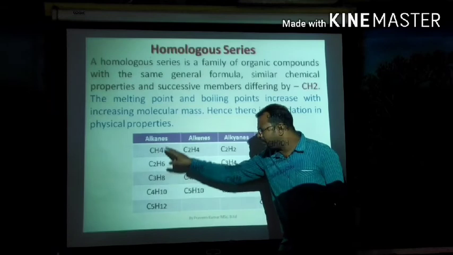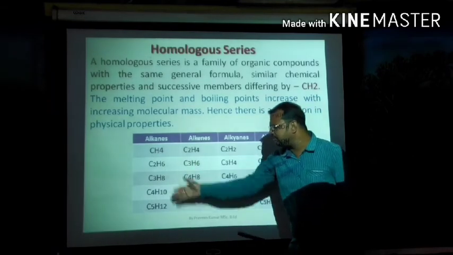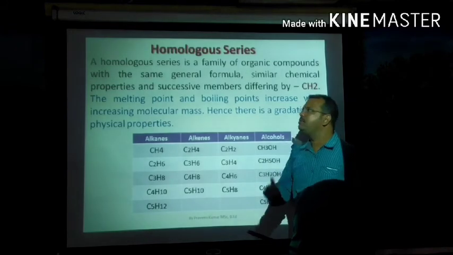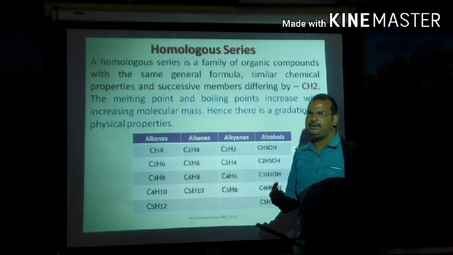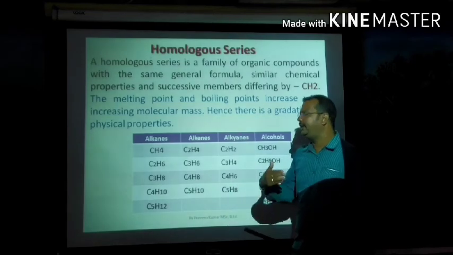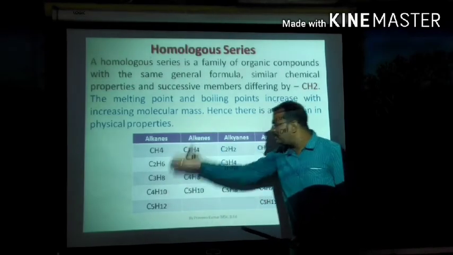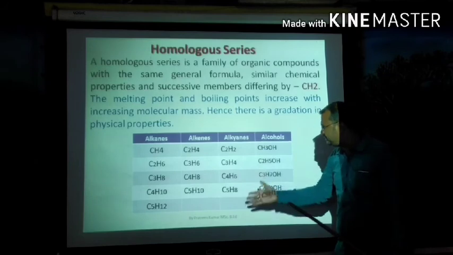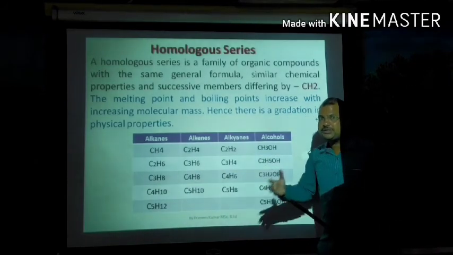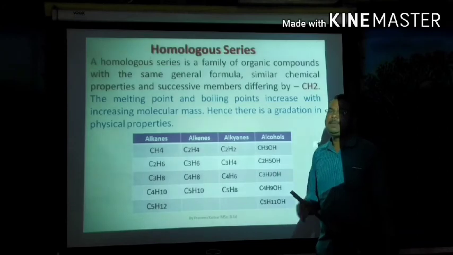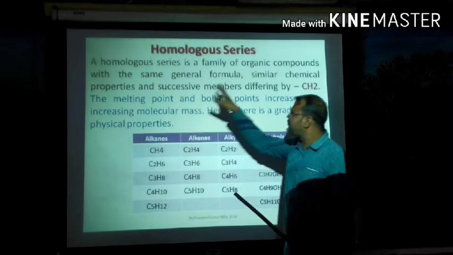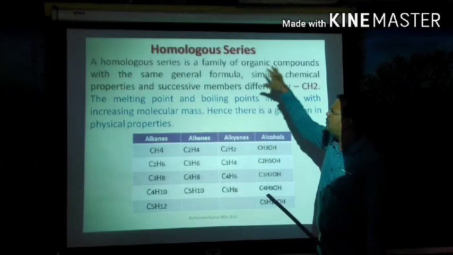So any 2 successive members you take, the difference is CH2, meaning 1 carbon atom and 2 hydrogen atoms are increased in the next member. If you go to alkanes, alkenes, alkynes or alcohols, any 2 successive members, the difference will be CH2, and this is called a homologous series.